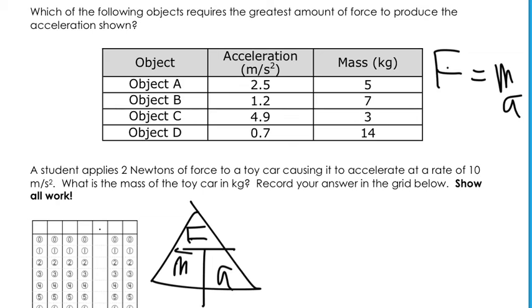So it tells you how much force, and it tells you the acceleration. So you're looking for the mass. What you're going to do is cover up the M. That's going to tell you what your new formula is going to be. So you're solving for the mass. So your new formula is going to be F divided by A. So you know the force, you know the acceleration, divide, and that's going to give you your answer.